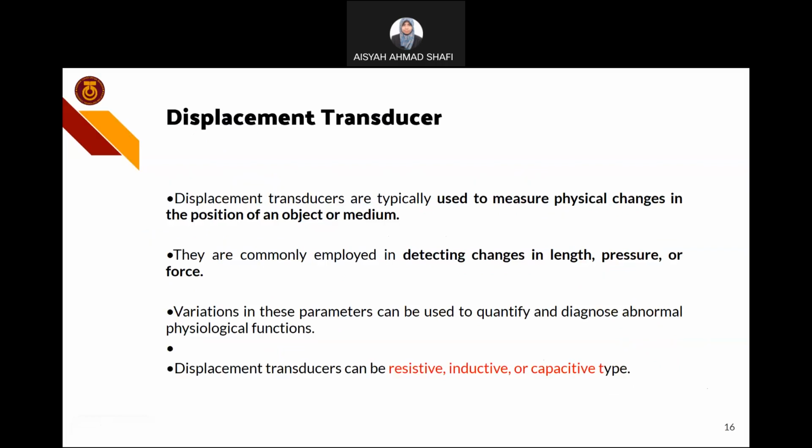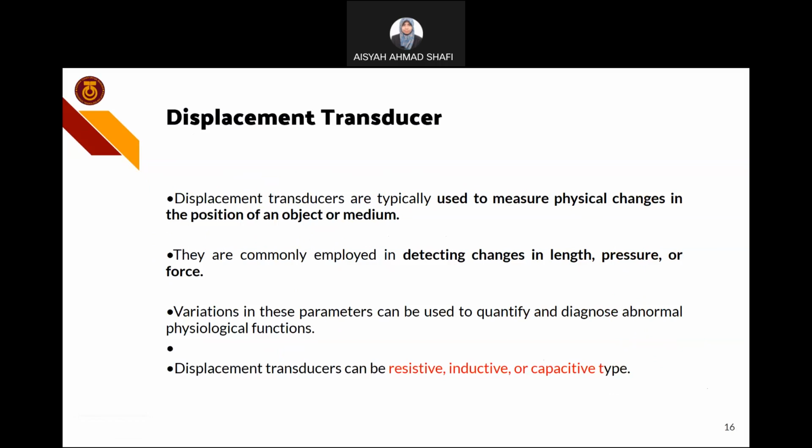Displacement transducers are typically used to measure physical changes in the position of an object. They usually detect the change in length, pressure, or force. So that means the pressure sensor is actually a displacement transducer.